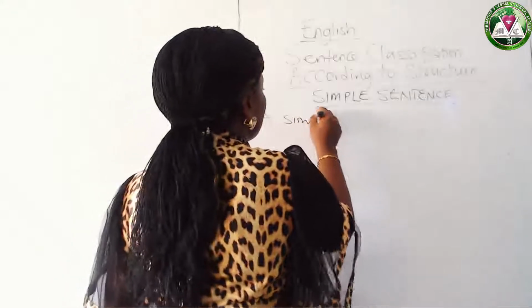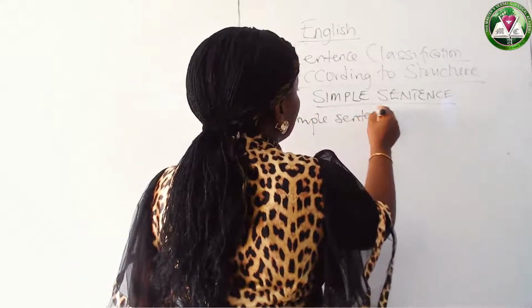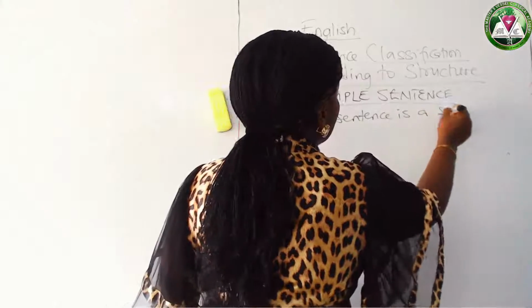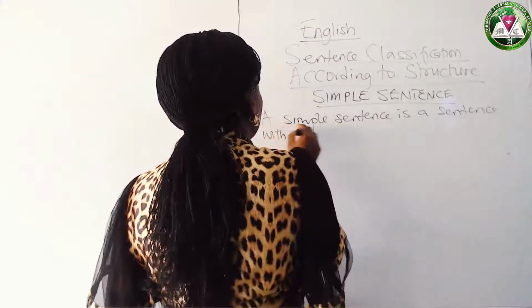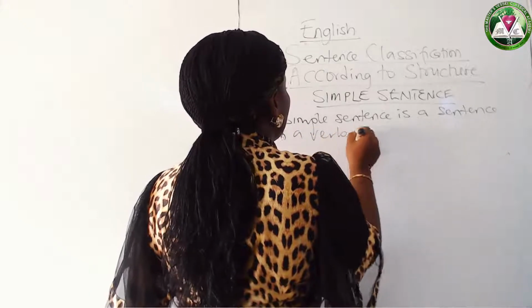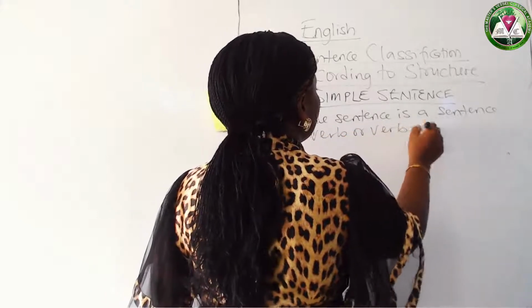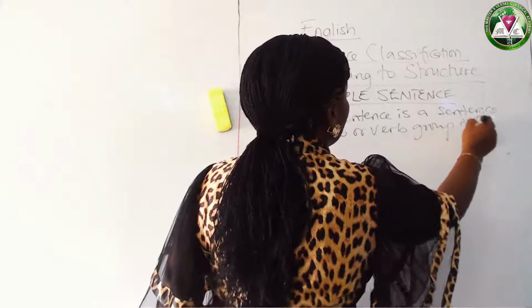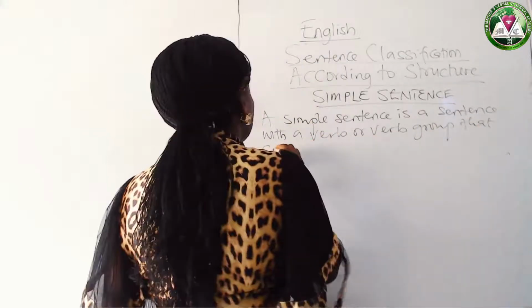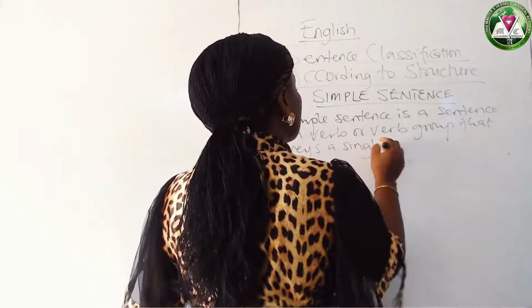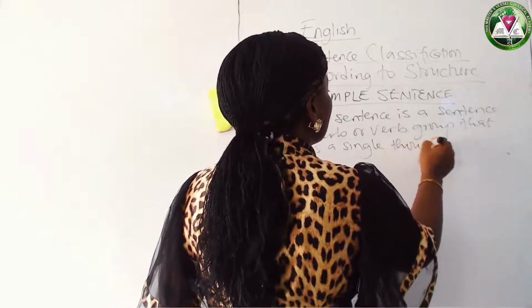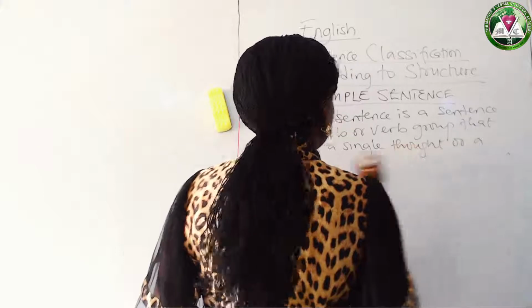A simple sentence is a sentence with a verb or verb group that conveys a single thought or a main idea.